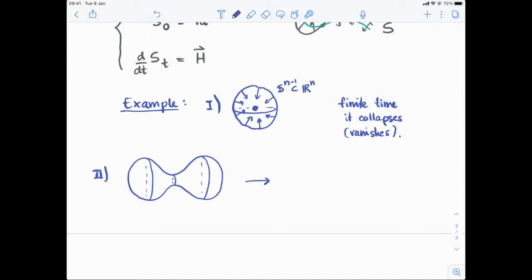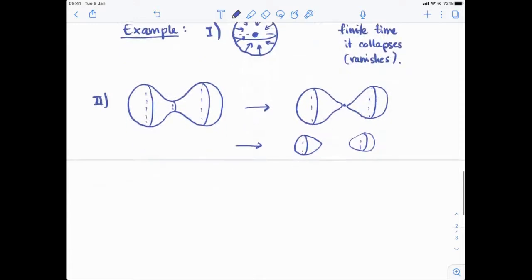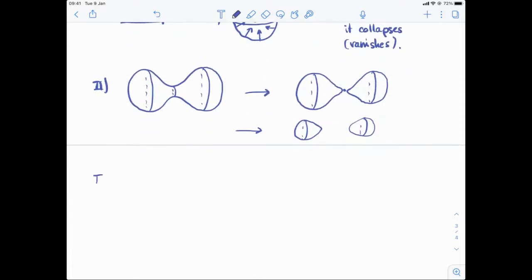After some time, your evolution becomes disconnected, and perhaps there's a singularity there. After that, you have two spheres that are evolving independently. This is just another type of singularity that might occur.